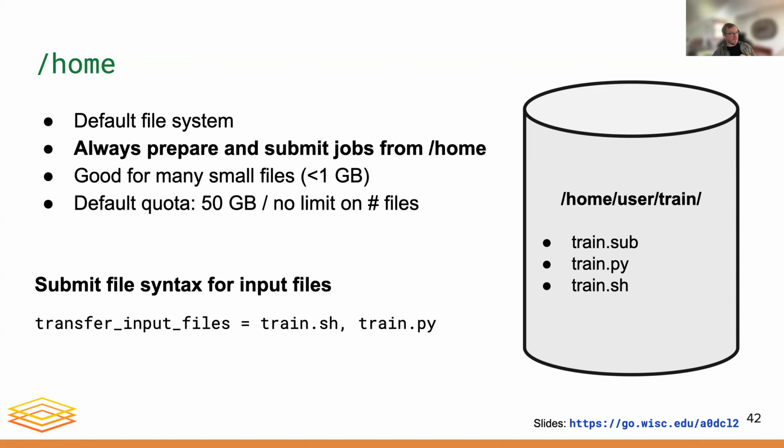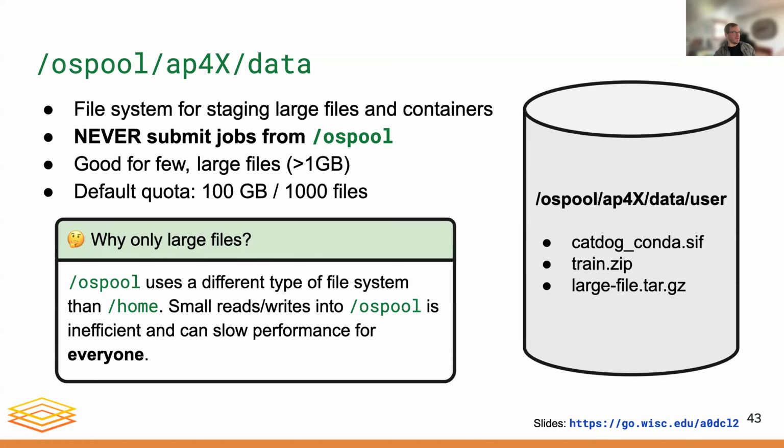By default, you have a quota of 50 gigabytes. This is the very familiar case: you just define the name of the file in your transfer input files, and Condor will move that over.